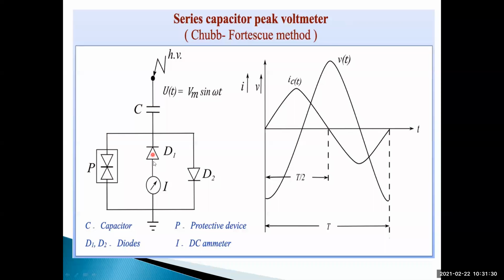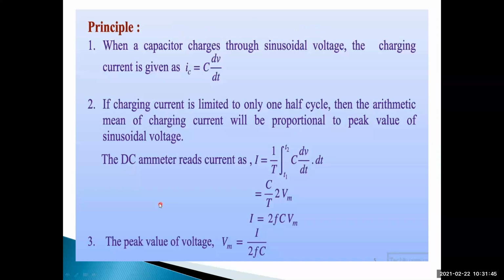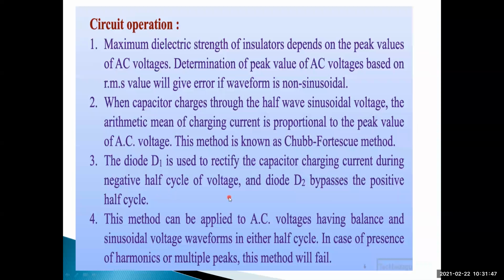Only the negative half cycle of charging current is passing through the meter, and based on that meter we measure the current. In the positive half cycle, diode D2 is forward biased and that positive half cycle discharges through the ground. So only by taking the negative half cycle we measure the peak value of voltage. Understood?